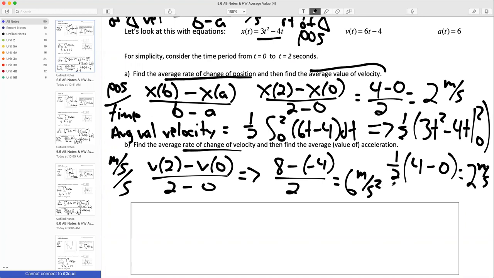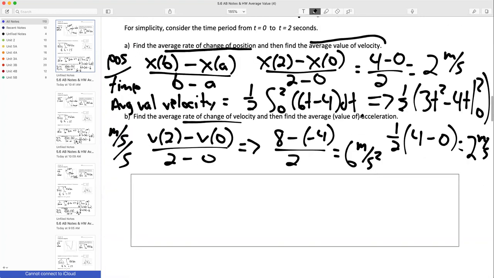Well, now let's find the average acceleration, okay? And so when you see this question, especially on the AP exam, sometimes they will leave off the value of, or they might just say average acceleration. Whenever you see that, average acceleration, that means 1 over b minus a times the integral.